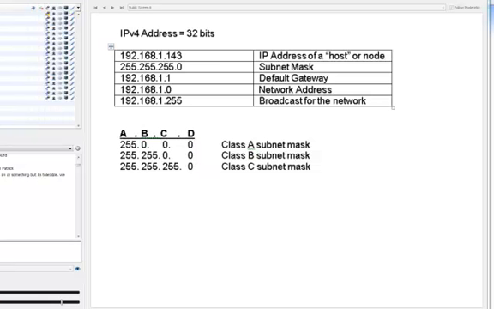So they came up with a new standard called CIDR. Can someone tell me what CIDR stands for? Classless Internet Domain Routing. So they're getting away from what's called classes. Good.